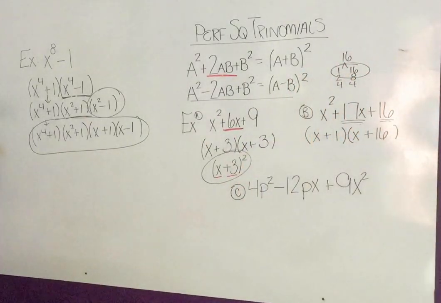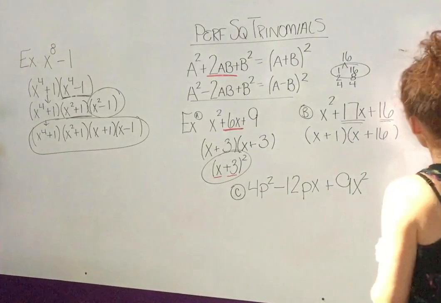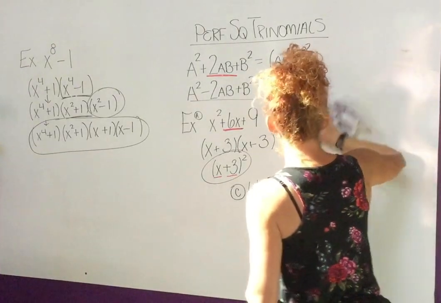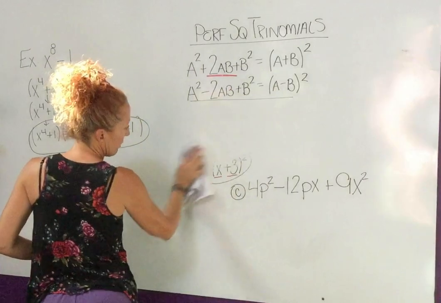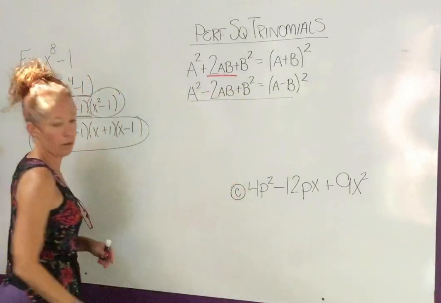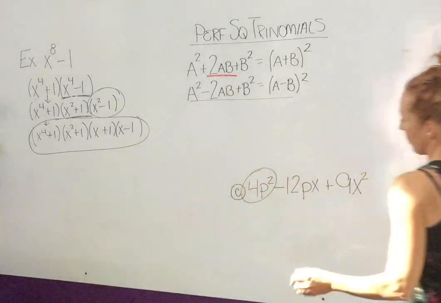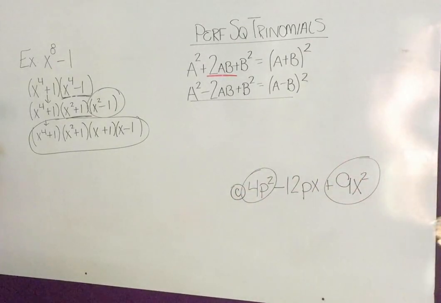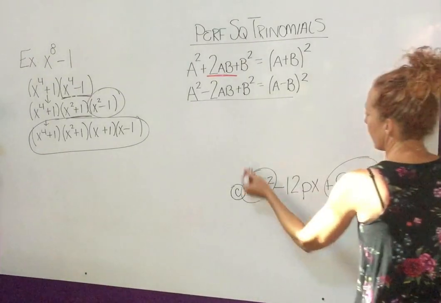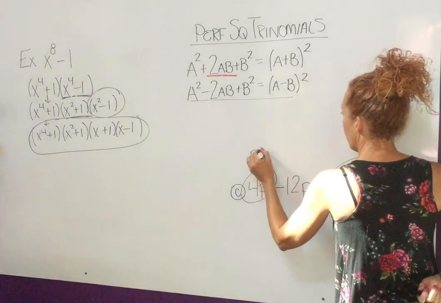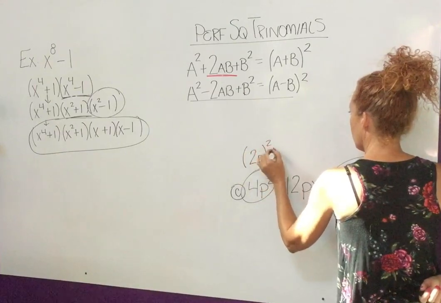And I know there's a lot on the board, so I'm going to clean it up so we don't always lose track of where to look. All right, so this is a perfect square. This is a perfect square. So what is being squared? Well, this is 2p squared.